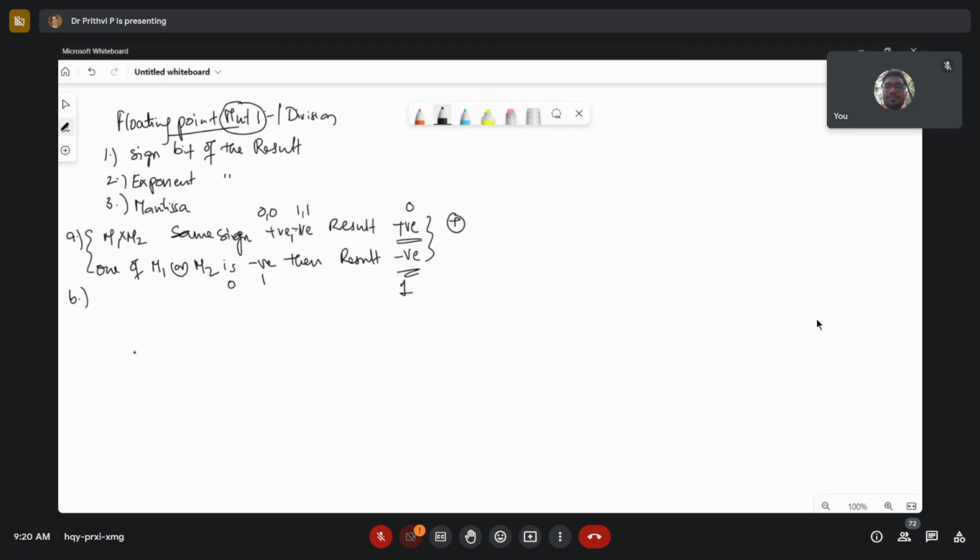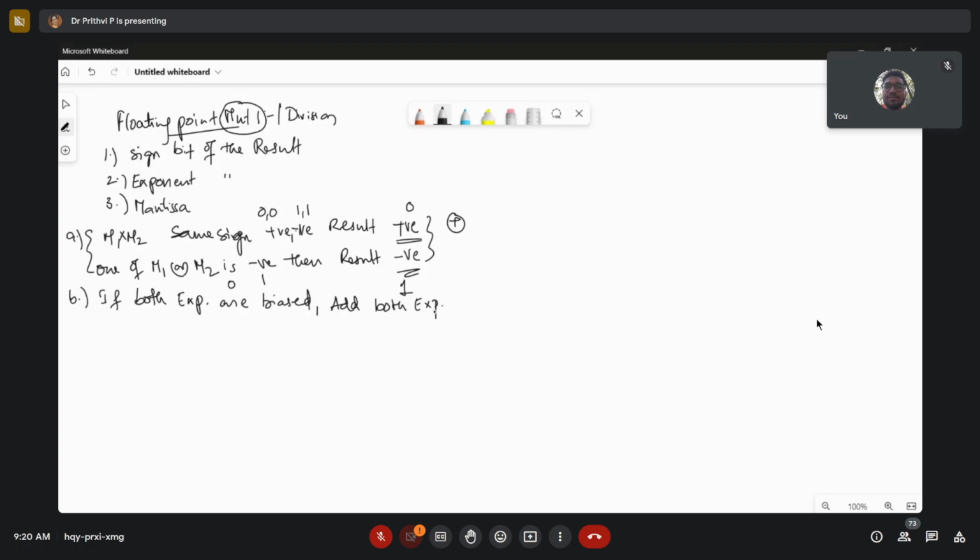Second one is, if both exponents, I'm speaking about exponents now, are biased, we can add both the exponents.